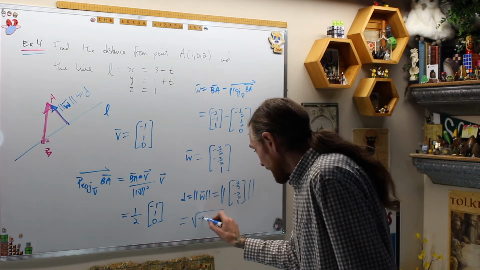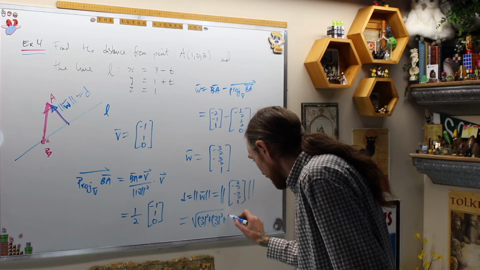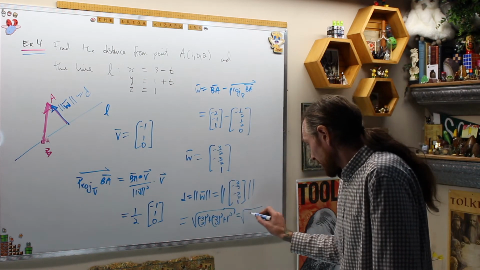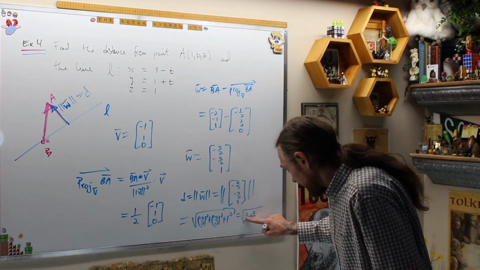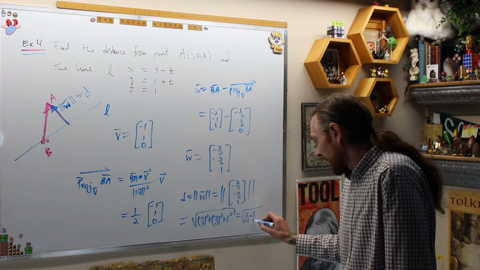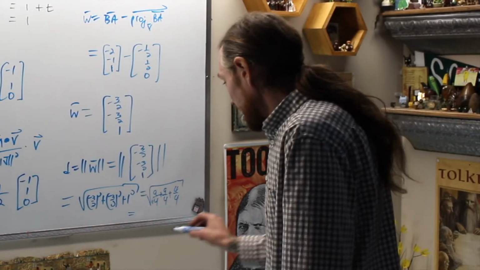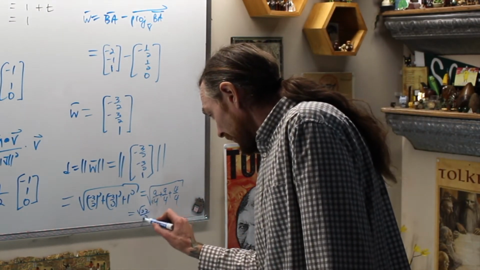The square root of negative 3 over 2 squared plus negative 3 over 2 squared plus 1 squared, which is equal to, what am I going to get? The square root of 9 over 4 plus 9 over 4 plus 4 over 4, which is 18, 19, 20, 21, 22, which is the square root of 22 over 2.